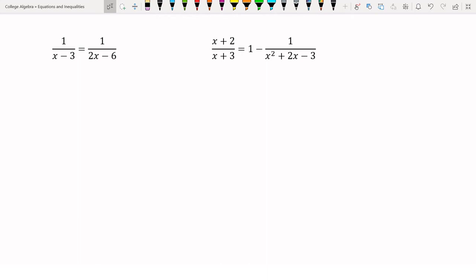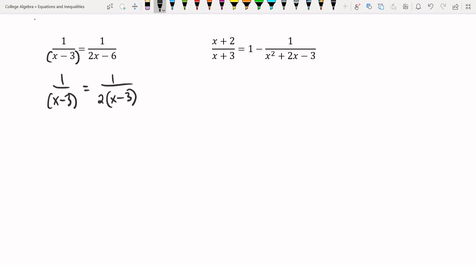The first step is to always factor the denominators. For this left problem here, the first denominator, x minus 3, is already factored. It's a linear term, so there's nothing we can do there. However, 2x minus 6 is not factored. We can take out a 2 from both terms. So 2x divided by 2 is x, and 6 divided by 2 is 3.